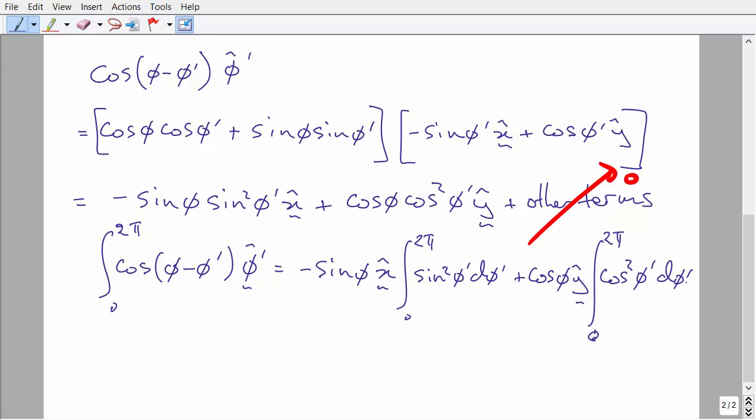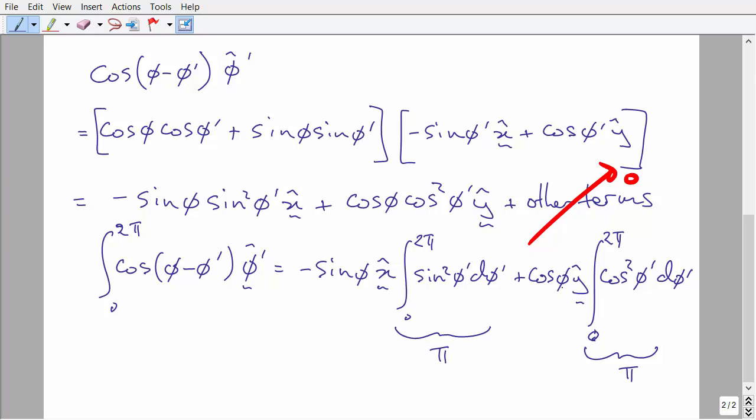Okay, so we have to do these integrals over the squared angles, and they're both the same. Both of these integrals are pi. So that's kind of nice because this whole integral becomes pi times minus sine phi x hat plus pi times cos phi y hat.